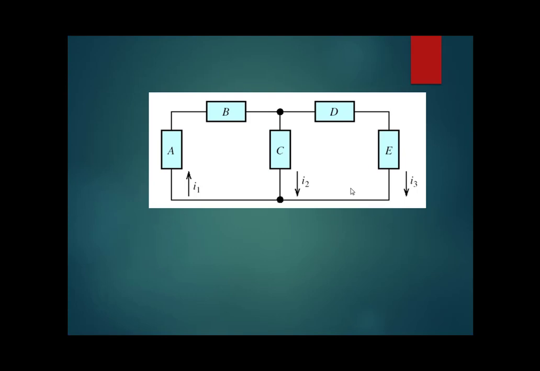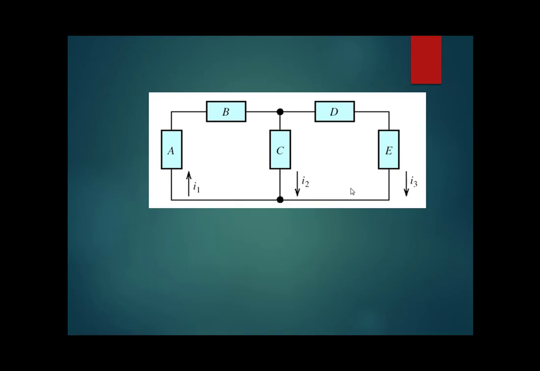So there's a basic example in which you see some resistive components, some electrical components in generalized form, A, B, C, D, and some directions are given, I1, I2, I3. These are random directions only for your understanding, to see how current flows.